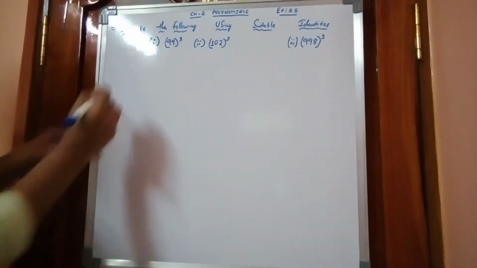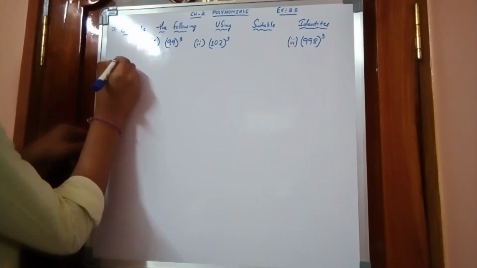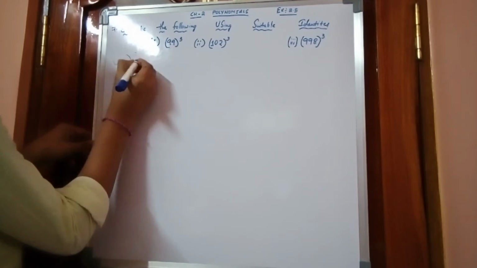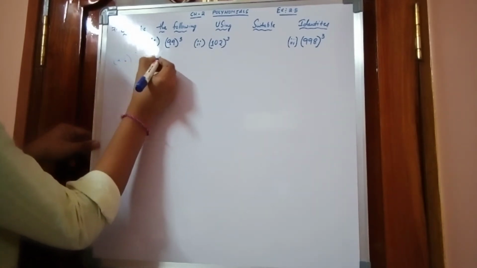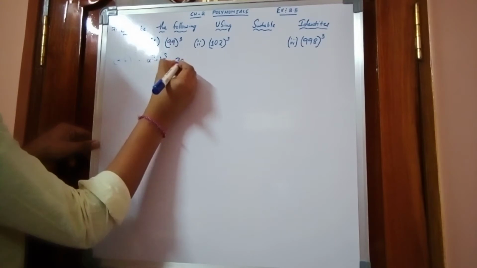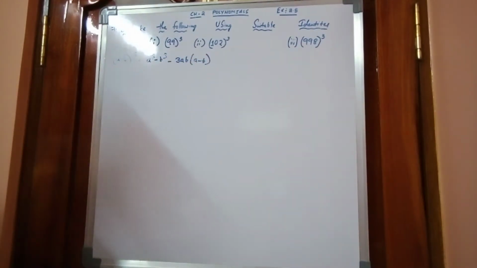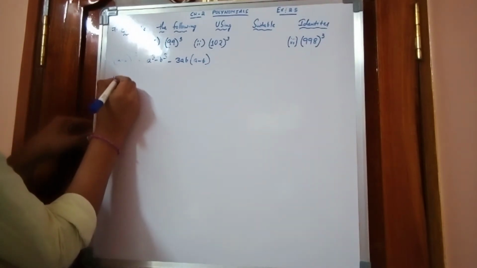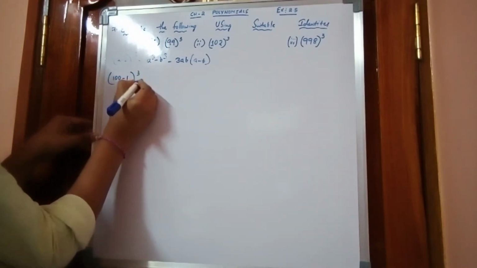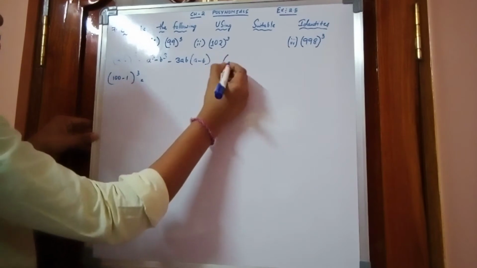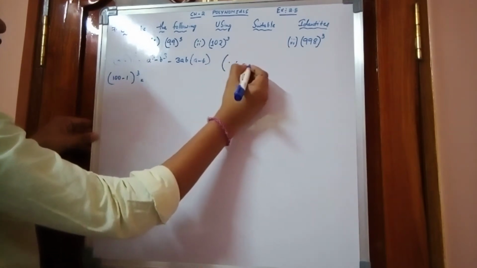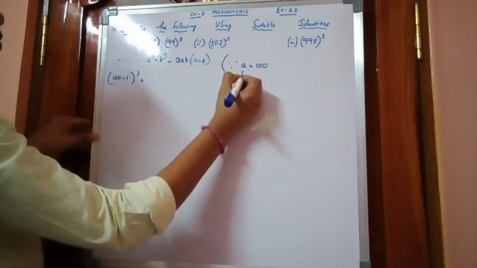So I am writing the formula: (a minus b) whole cube is equal to a cube minus b cube minus 3ab of (a minus b). Now substitute here. We get (100 minus 1) whole cube implies, keeping in brackets that a is equal to 100 and b is equal to 1.